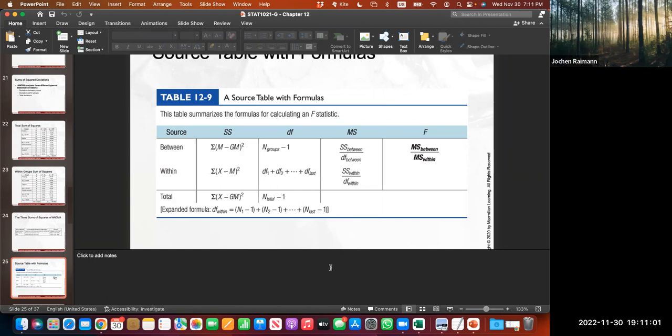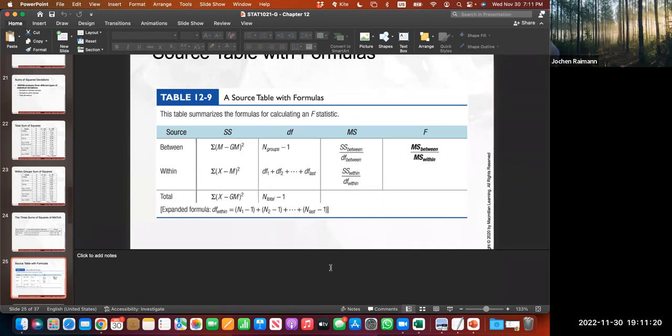Here you have the m minus gm squared summed as the between groups sum of squares. Here you have the x minus m, that's the within groups sum of squares, and here you have x minus gm, the grand mean, that gives you the total sum of squares.